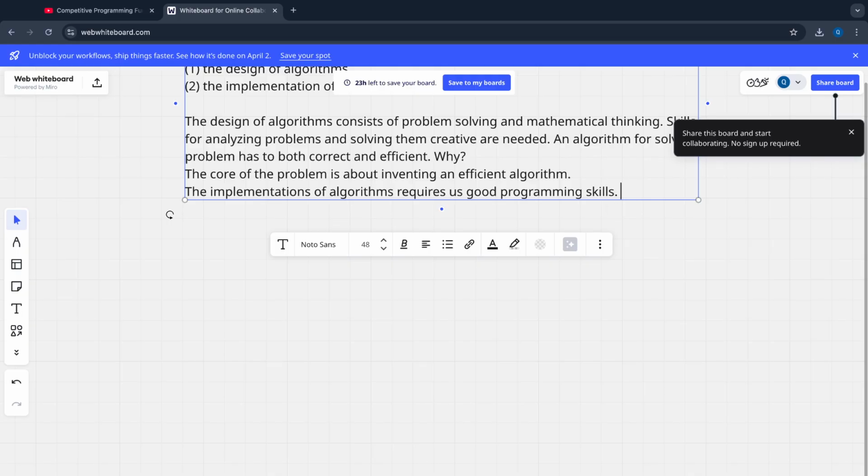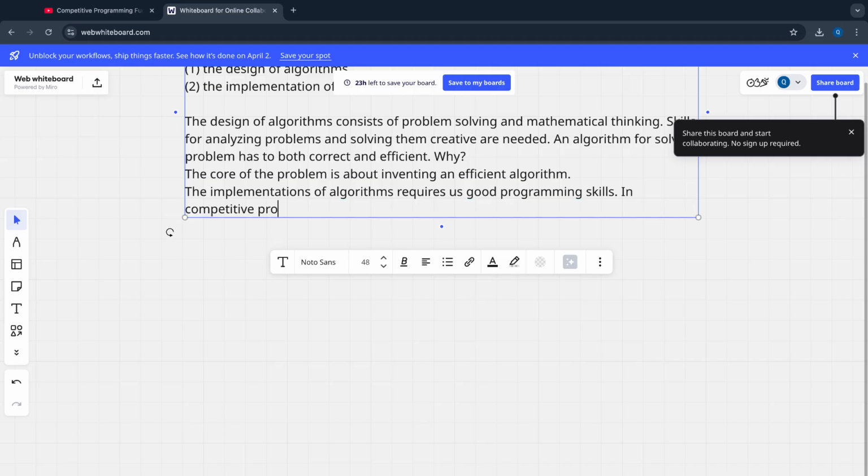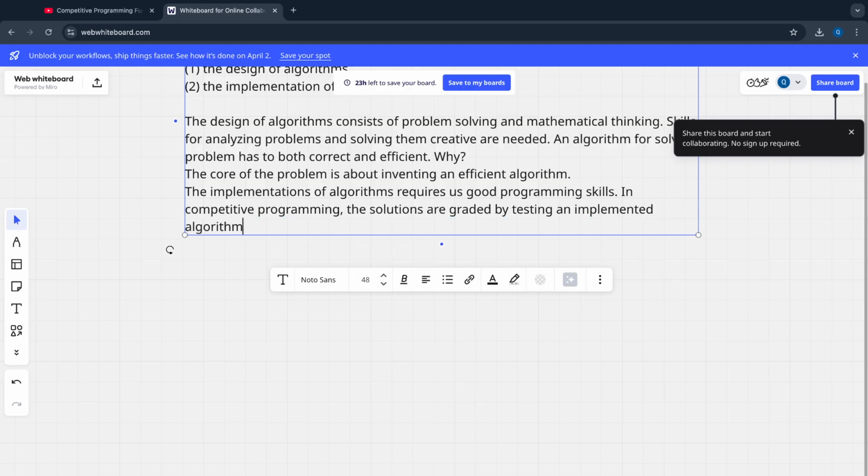So in competitive programming, the solutions are graded by testing your algorithms using a set of test cases. There can be multiple sets of test cases as well.